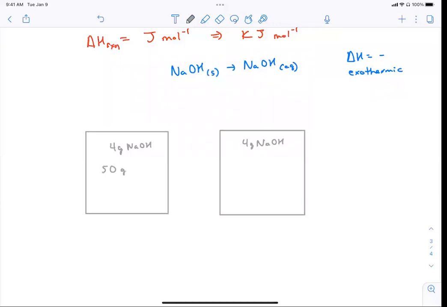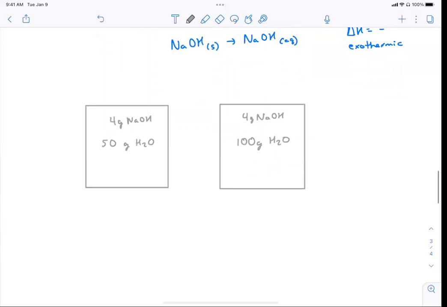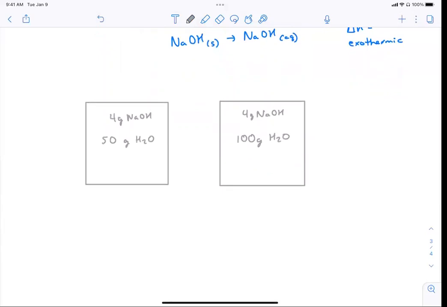In the left one, with 50 grams of water, and in the right one, 100 grams of water. Usually it'll say centimeters cubed, but here I'm not having you calculate anything. I'm trying to help you understand the conceptual part. So we have two identical systems where you put 4 grams of NaOH into them. One contains 50 grams of water, and one contains 100 grams of water.